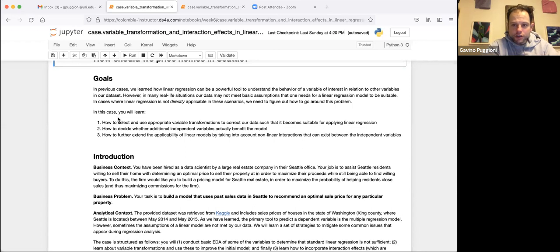And then eventually, when I develop a model, without knowing the price, I can use these predictors to estimate an appropriate price. This data set is publicly available. The developer of this case found it on Kaggle, and it includes sales prices of houses in the state of Washington.